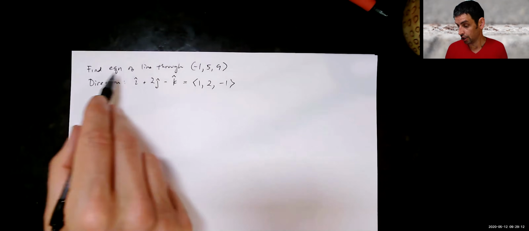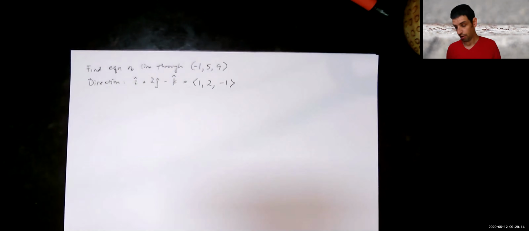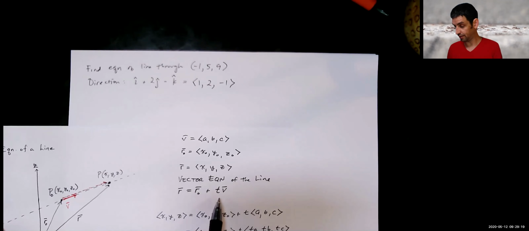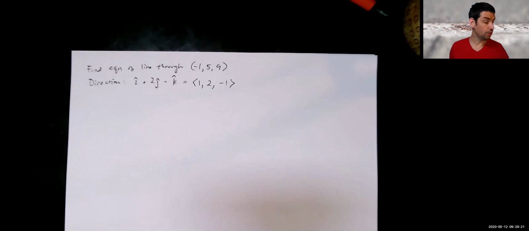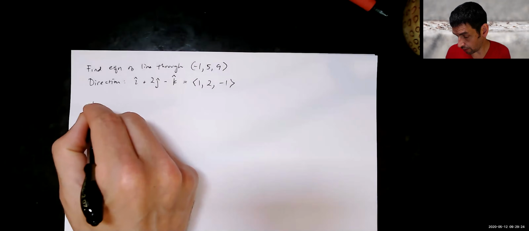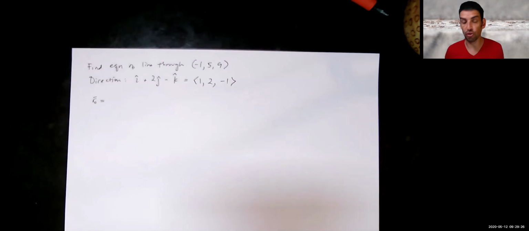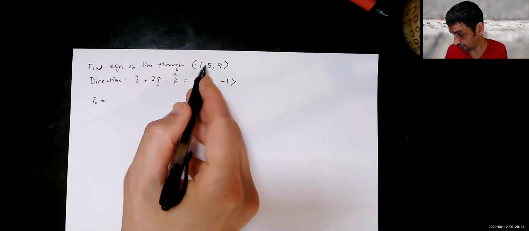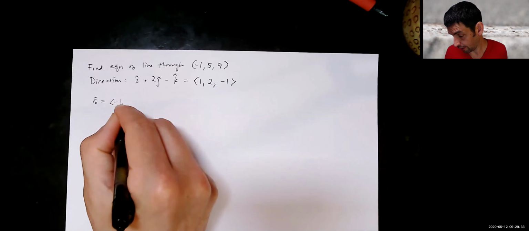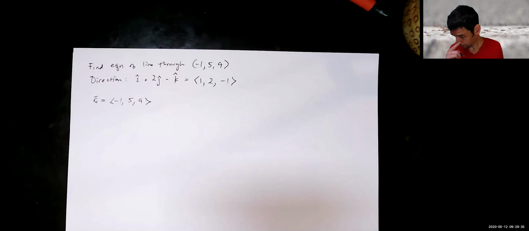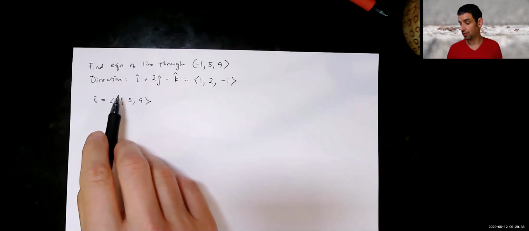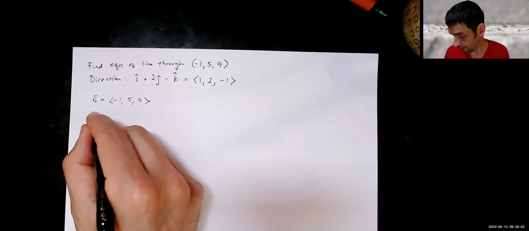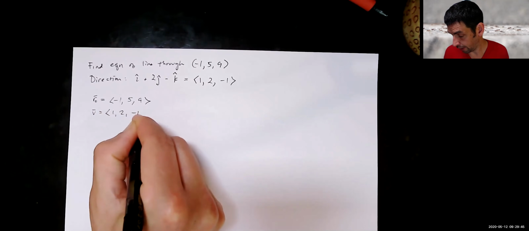So looking at this, all I need to do is write down r equals r naught plus tv, okay? So what makes sense? R naught, remember, is a vector pointing at some point on the line, right? So for instance, this point, -1, 5, 9. V is the direction that the line is going, and we've been given this as 1, 2, -1.